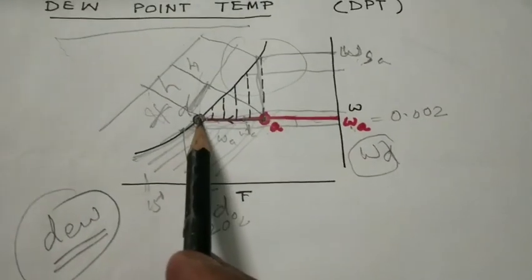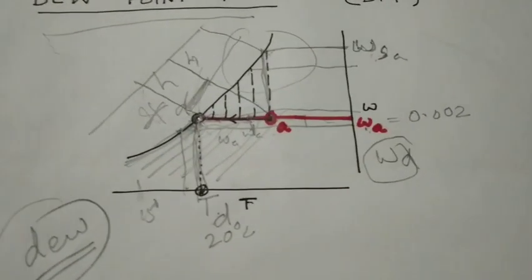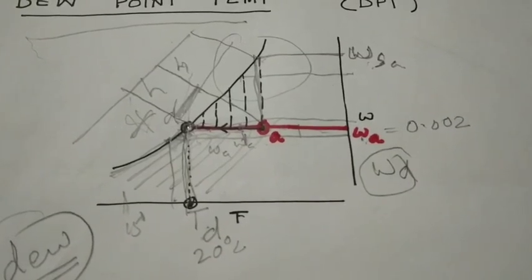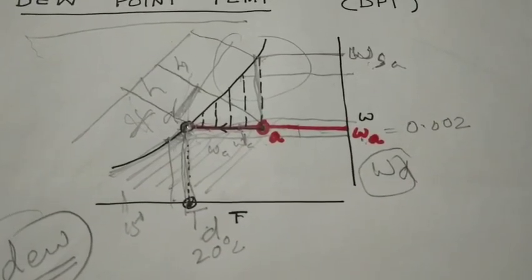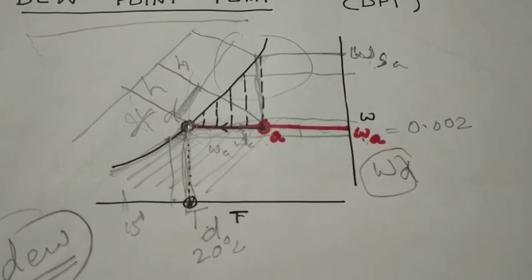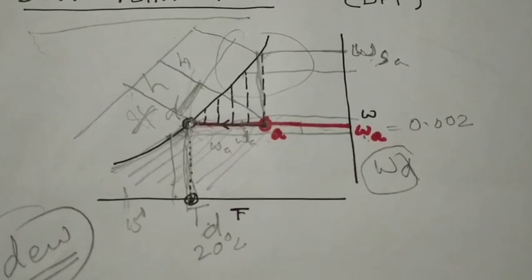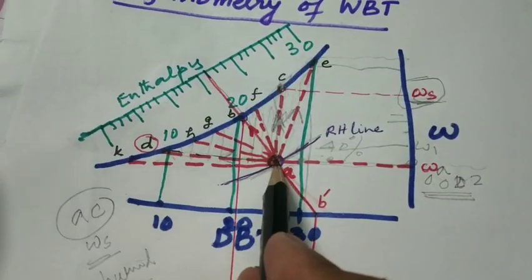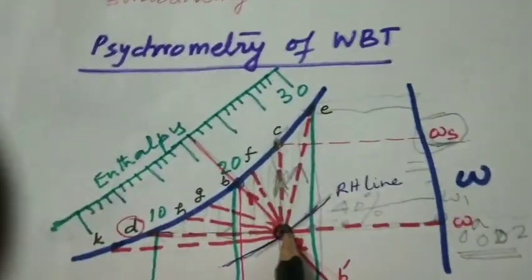At this point, if we further take away heat from the air, the temperature will not decrease, but the water vapor will condense and form condensed water, which is also known as dew. This 20 kilojoule is the same from here at this particular point.